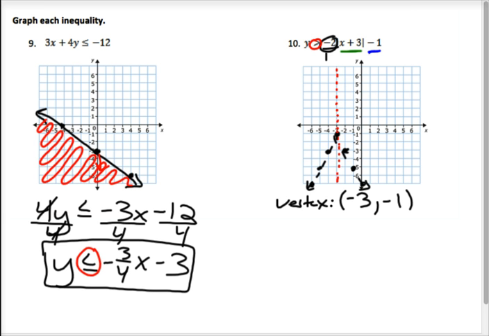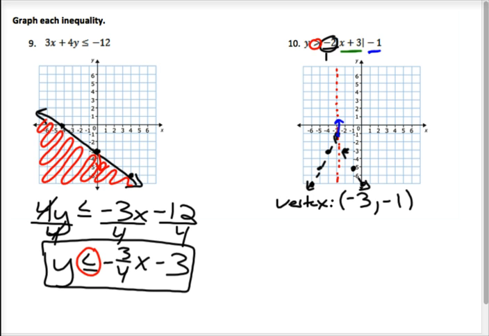And now remember, for these, when I'm analyzing where I am shading, I am analyzing starting from the vertex. So I'm going to start at the vertex, and it is telling me that my y is greater than that absolute value. So if I'm trying to be greater than the absolute value, greater means above.